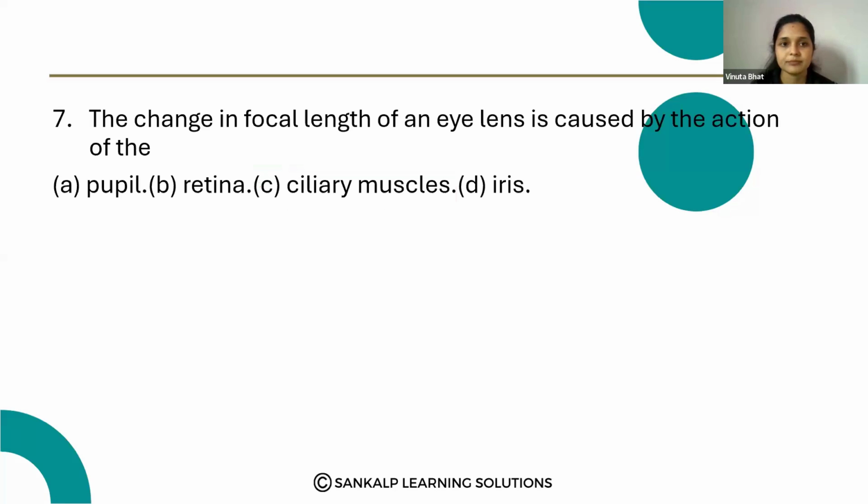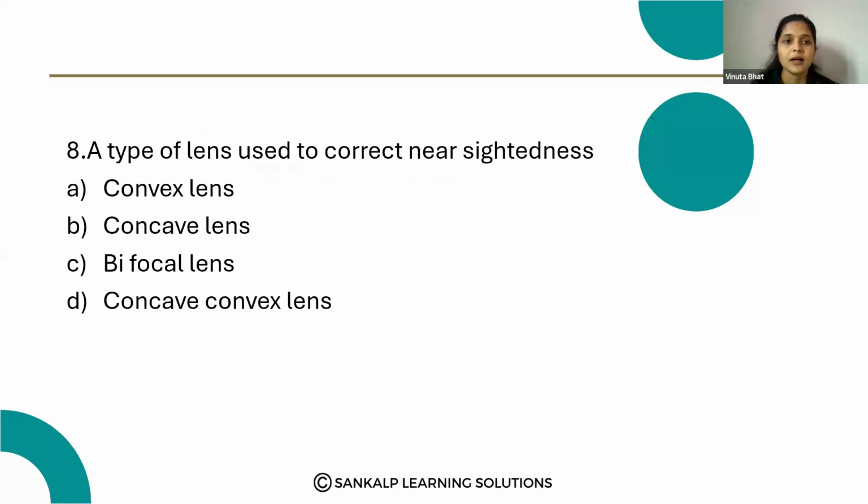Next question. A type of lens used to correct nearsightedness. Option A, convex lens. Option B, concave lens. Option C, bifocal lens. Option D, concave convex lens.